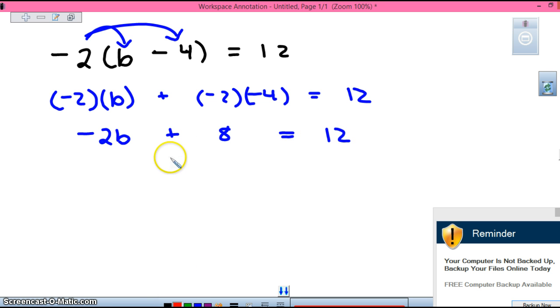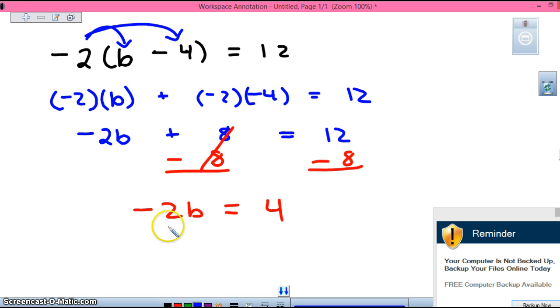Now we can start solving by subtracting 8 to both sides. Negative 2b equals 4. Divide by negative 2. b equals negative 2.